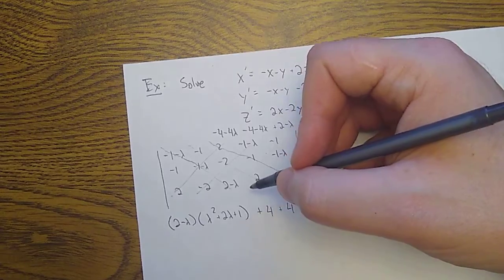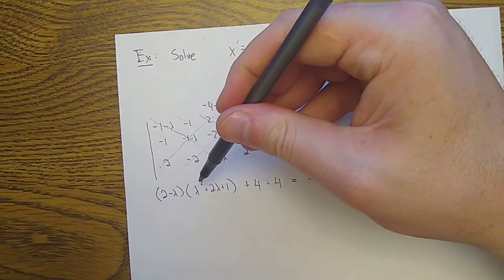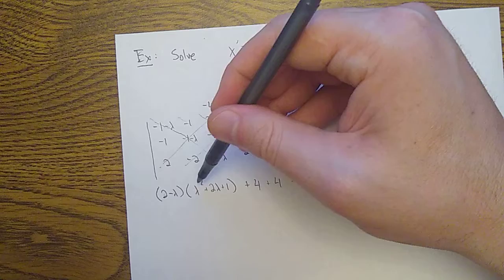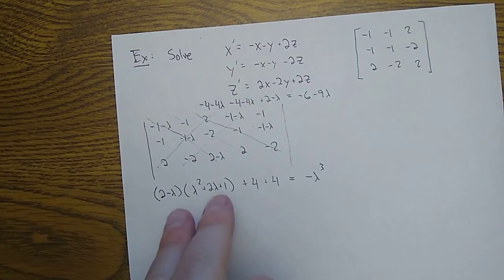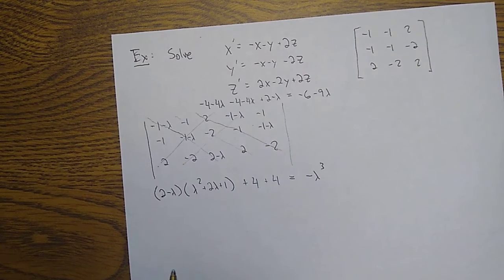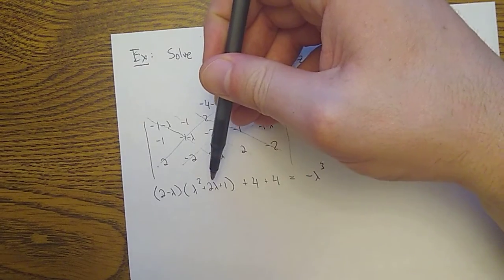On the bottom, I've got what? I've got a negative lambda cubed. I should also have some lambda squared terms. Let's see, I've got a 2 lambda squared, but I would also have a negative 2 lambda squared when I did this times this. So it looks like I don't have any lambda squareds. So where are my lambdas?